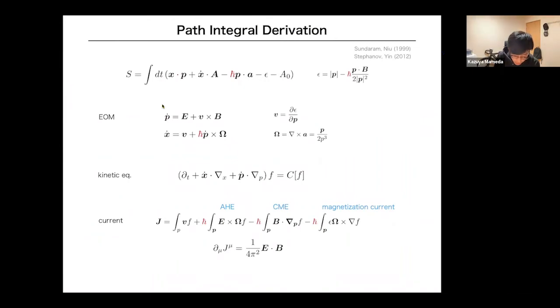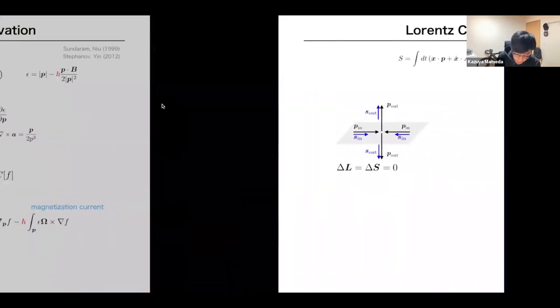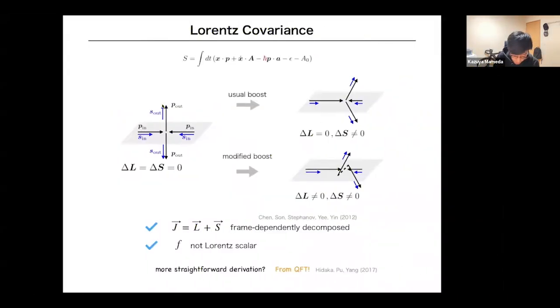So eventually, the form of f is changed if you take the Lorentz boost. So f itself is not a Lorentz scalar. Now, this is a very naive argument for the Lorentz covariance of the chiral kinetic theory.